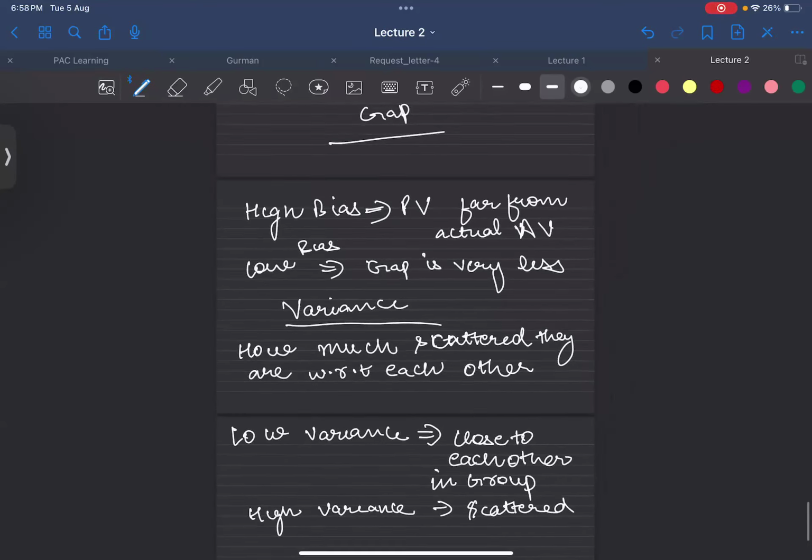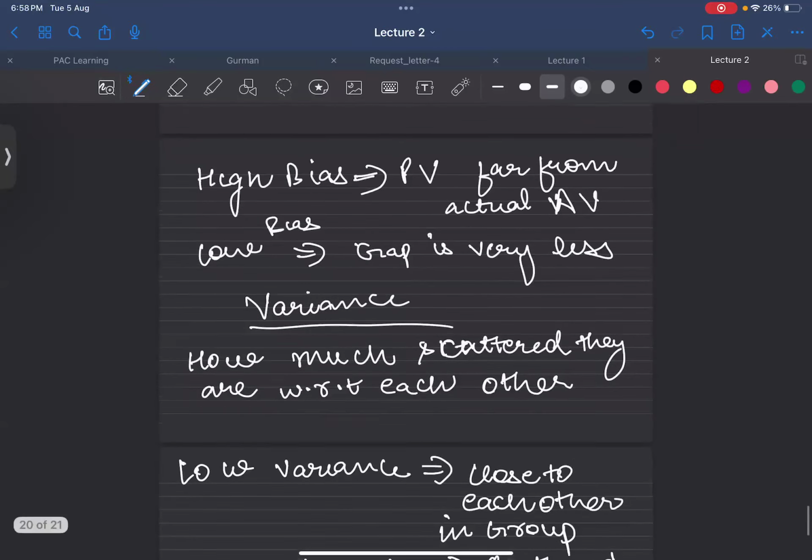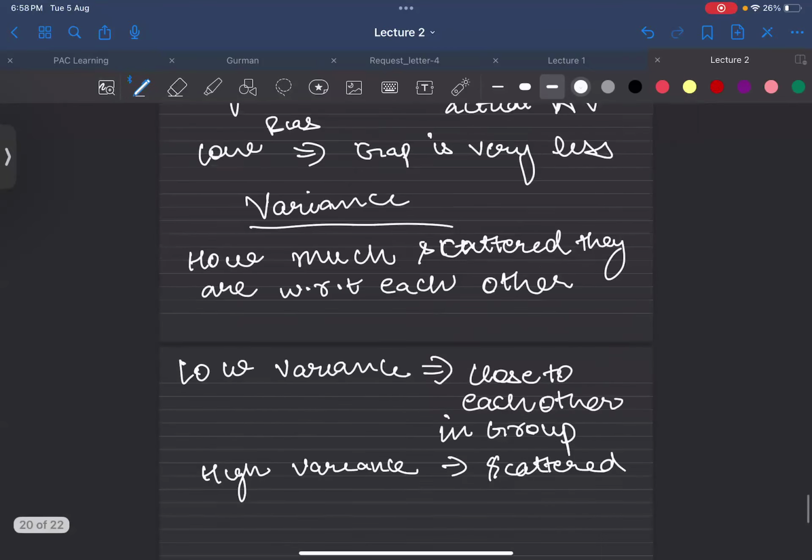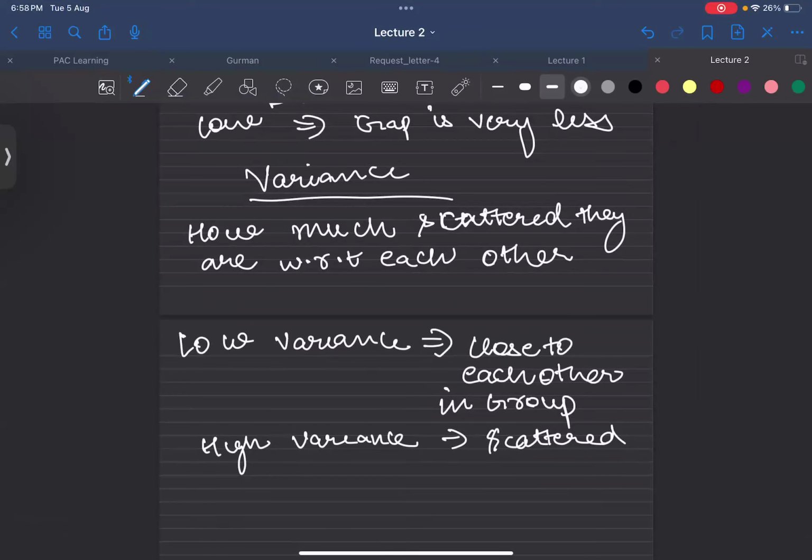Here we are not talking about actual output, we are talking about predicted values, whatever we have predicted, how they are with respect to each other. Getting it? Clear?